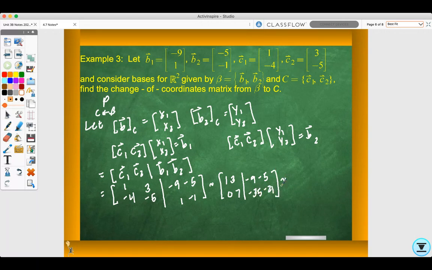And then I can take 1/7 of row 2 and then -3 times row 2 plus row 1. And you would get 6, 4, and then -5, -3.